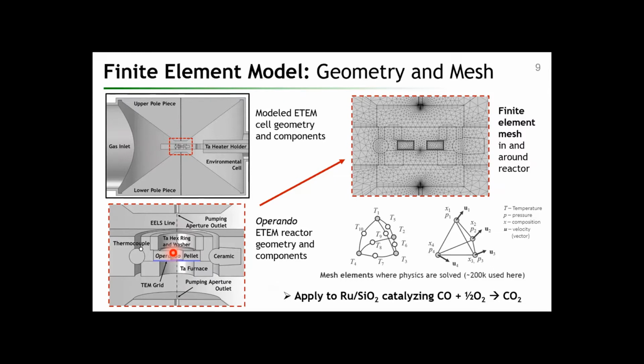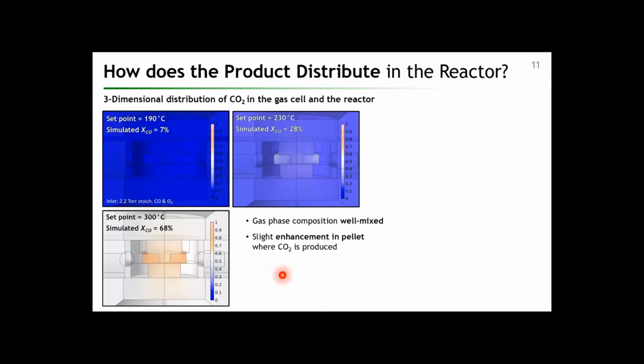We're going to measure the distribution of the products. Here's the three-dimensional distribution of CO2 in the cell, close up to the reactor, for three different temperature set points, so three increasing levels of activity. The catalyst is becoming more active, and there's more CO2 being produced.